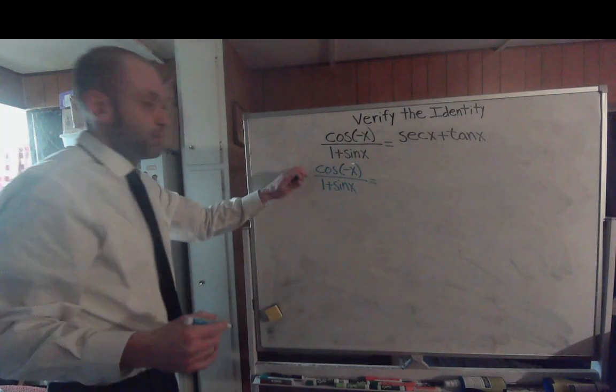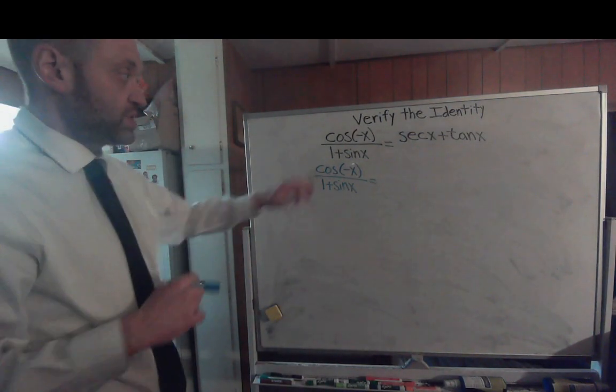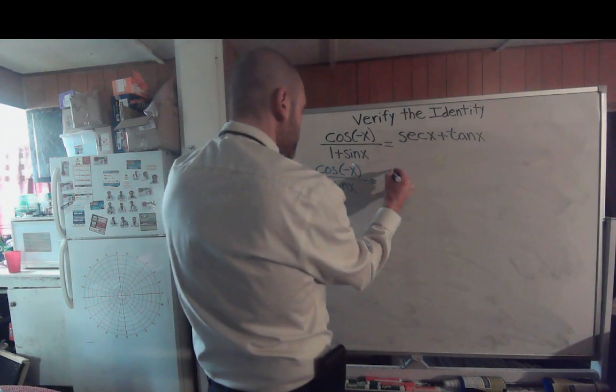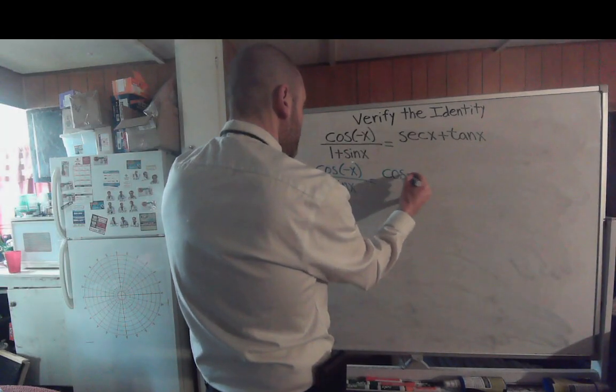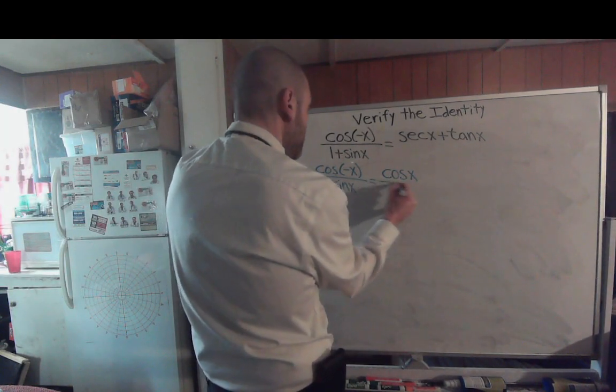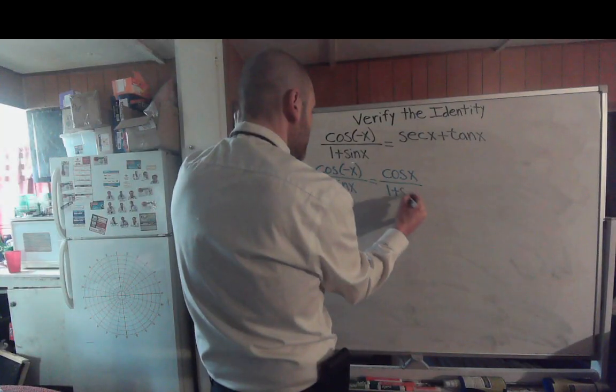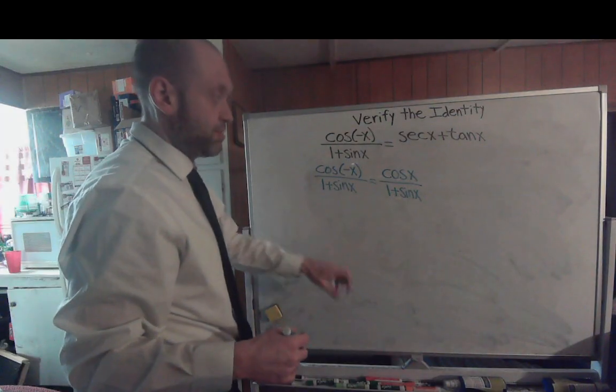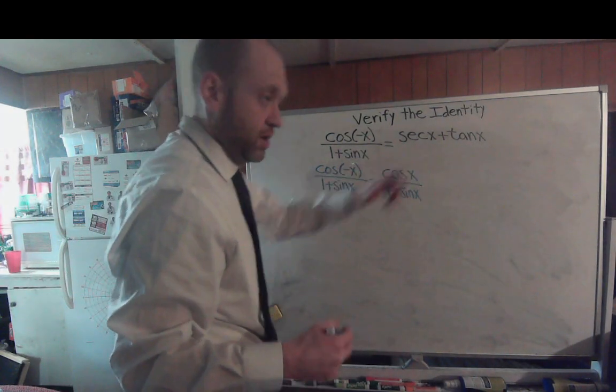Well, what's true about the numerator? Cosine is an even function, so the cosine of negative x would actually turn into the cosine of positive x, all over 1 plus the sine of x. And you're looking at this, you're like, okay, that's great, but how am I supposed to get from here to here?